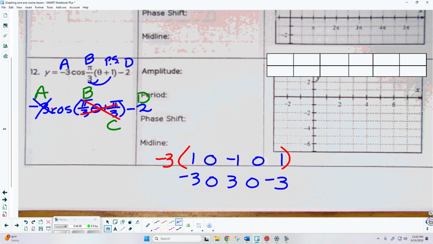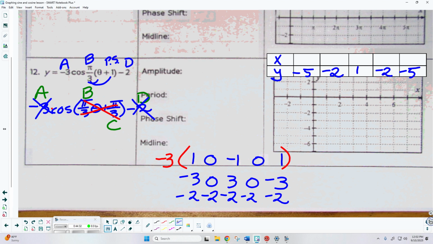Now what am I going to do to these values? Now we're going to subtract 2 from each of them. So -2, -2, -2, -2, -2. So -3 minus 2, there's a -5. 0 minus 2, 3 minus 2, 0 minus 2, and then -3 minus 2.